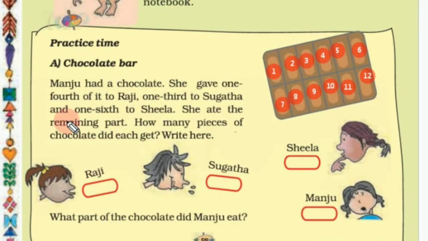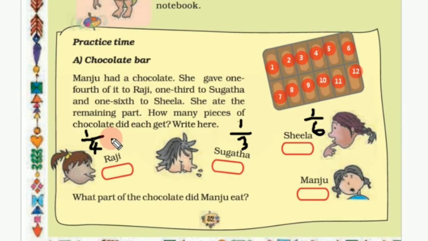So Manju gave 1/4 to Raji. And she gave 1/3 to Sugatha. And 1/6 to Sheila. So here, for 1/4, we have to divide this 12 by 4.